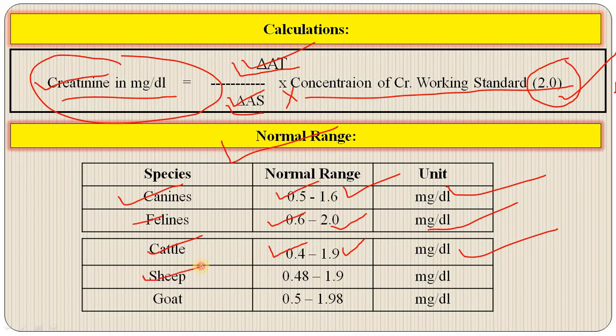In case of sheep, 0.48 to 1.9 milligram per deciliter. In case of goat, 0.5 to 1.98 milligram per deciliter. So whatever we get, the optical density of test and standard, put into the formula, calculate it. This calculated value we have to compare with the normal range and draw our interpretation or conclusion.